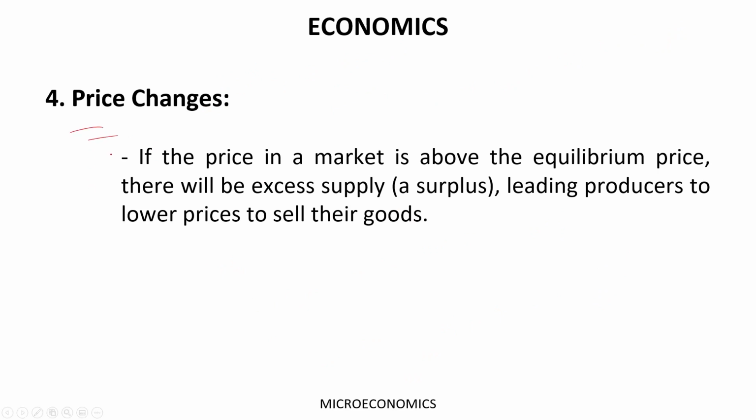Now we have the price changes. If the price in a market is above the equilibrium price, there will be an excess supply, because I have told you supply rises when price rises. Okay.